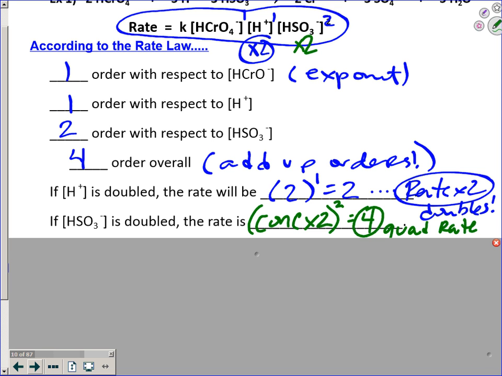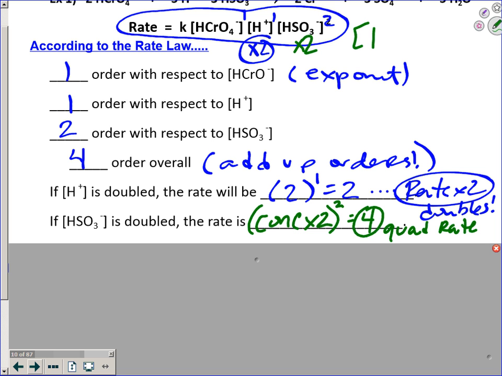Okay, keep going. Actually, now I'll tell you this. Let's pretend there was some extra thing, like potassium ion, and it was to the third order. What if I doubled the concentration of potassium? How would that impact the rate? I hear 2 people saying 8, right? If I multiply potassium ion by 2, but to the third power, that's 2 to the third power, which is 8.